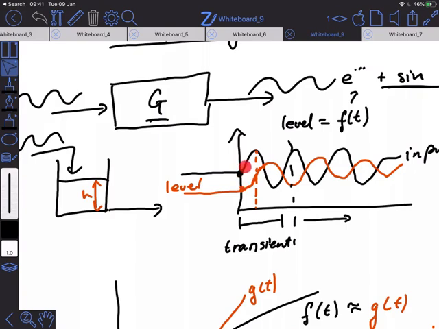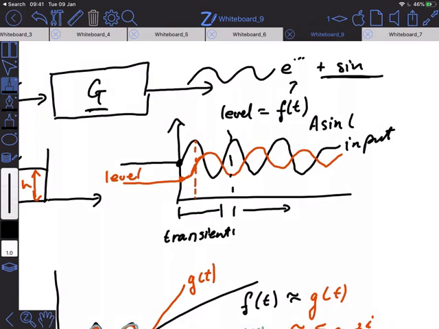In other words, we can see here that's the original sinusoid, right? And the response sinusoid is shifted, that's called the phase, and it is multiplied by some kind of magnitude. And so these sinusoids take this form of sine of omega t plus phi. And we call phi the phase lag.